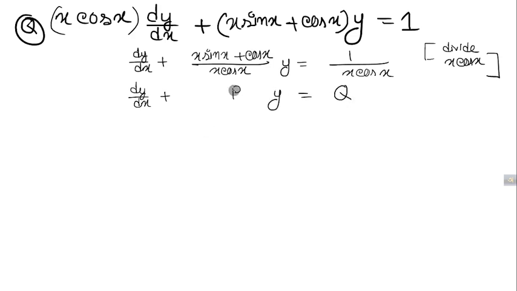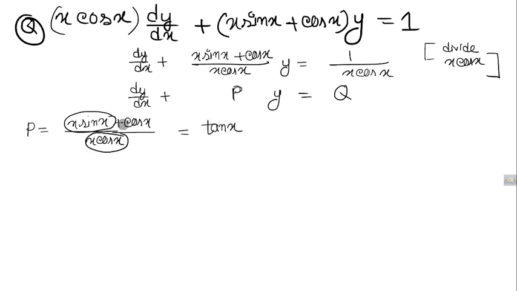So from here I can write p is equal to x sin x plus cos x divided by x cos x, right? Now divide this term by this and I will have tan x, and then again divide this term with this and I will have 1 by x.